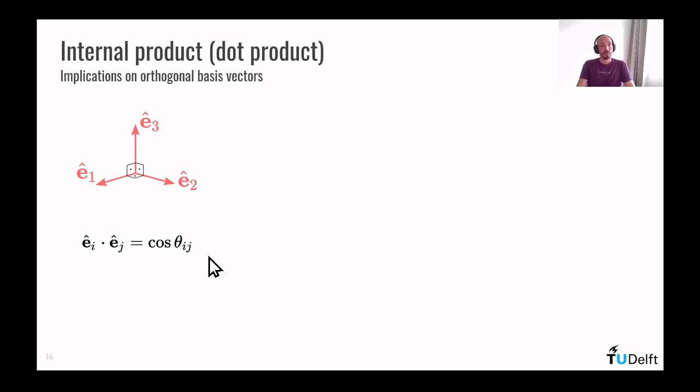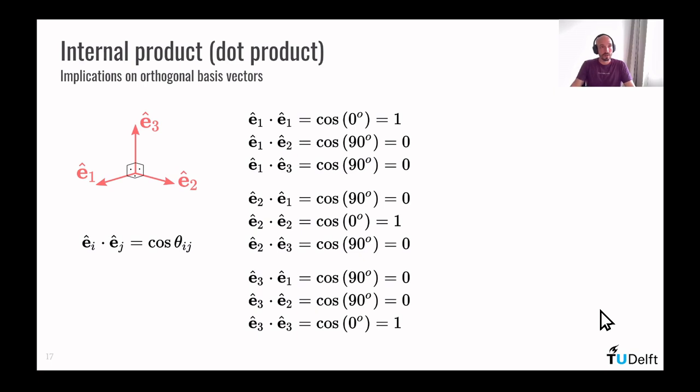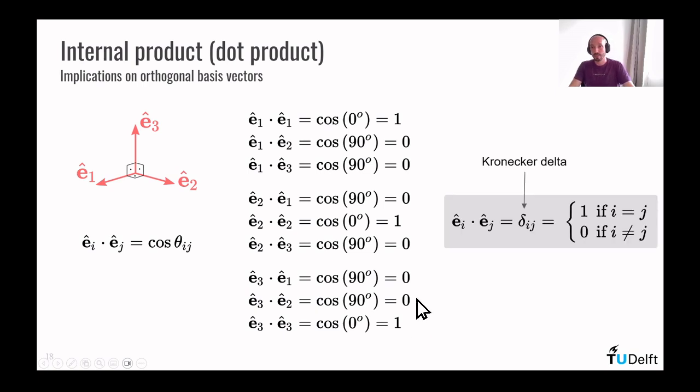Okay, so if we analyze all the possibilities, we can see that the only situation in which the dot product is not 0 is when i equals j. If i is different than j, then the dot product would be 0. We can write that as this function here.